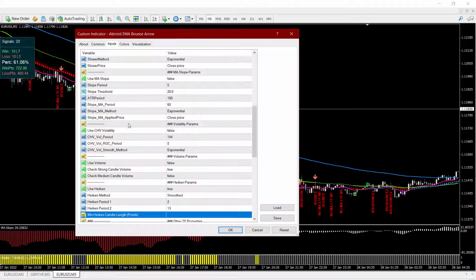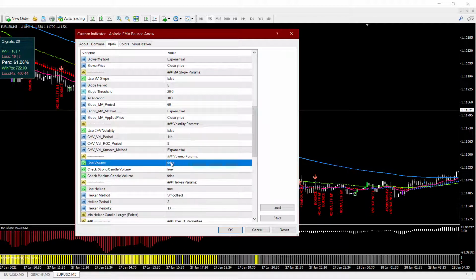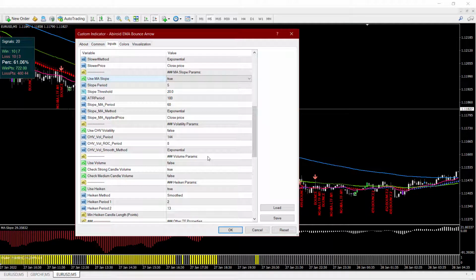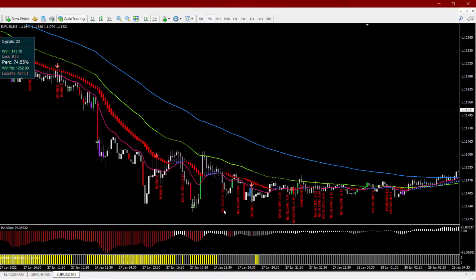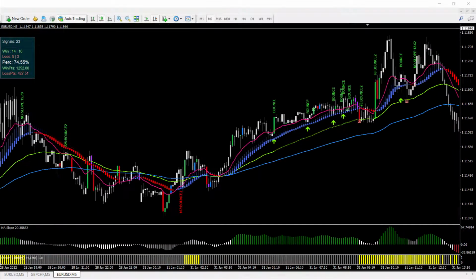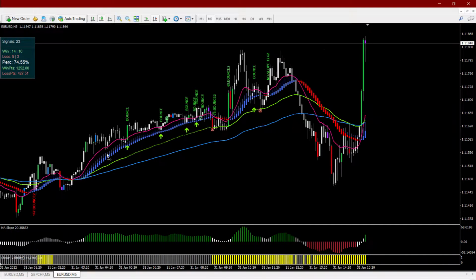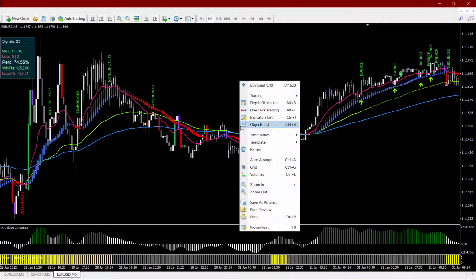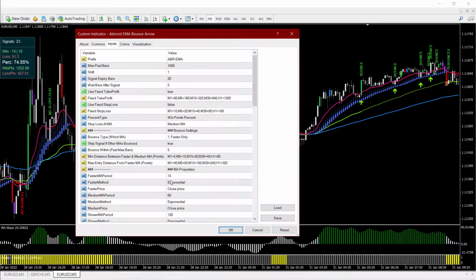And I've left the volatility off and volume also off. And I'll turn the MA slope on. And using that, I get much better values if I'm scalping. Okay, so I'll just go over a few more settings and then we can check out the scanner.